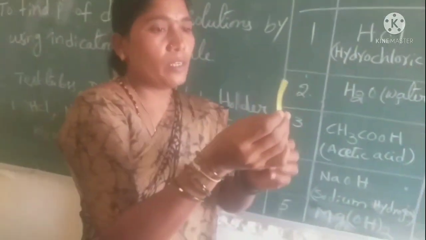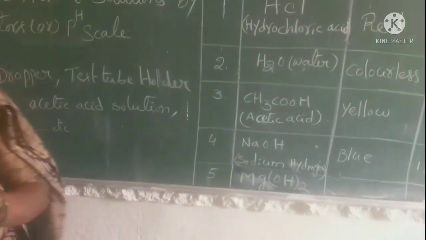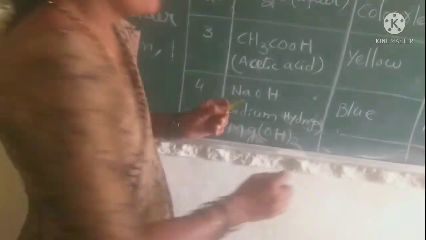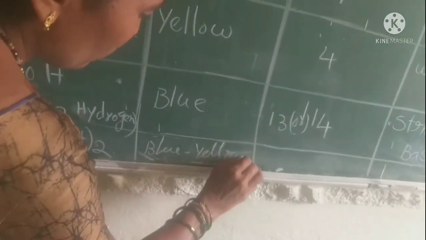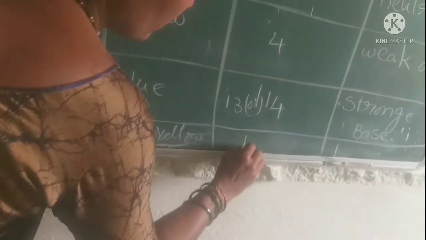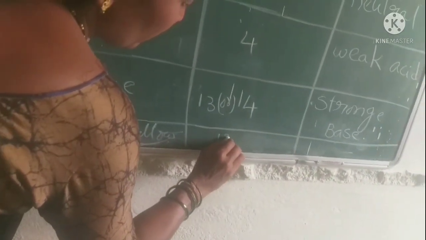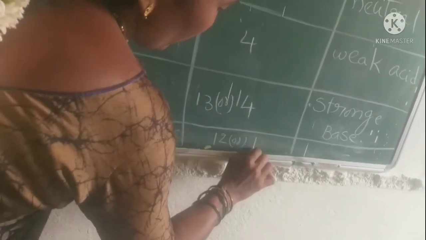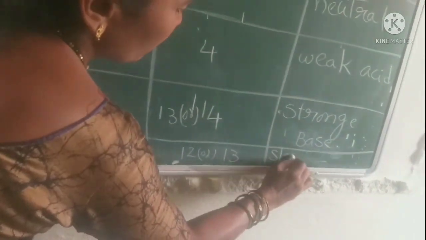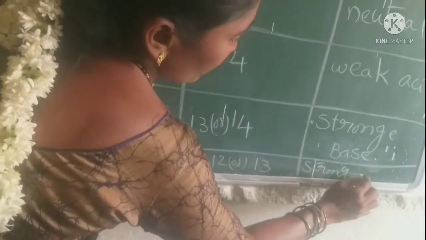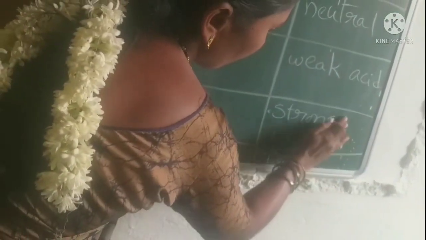Blue, yellow color. This is approximately 12 or 13 pH value. This is a strong base.